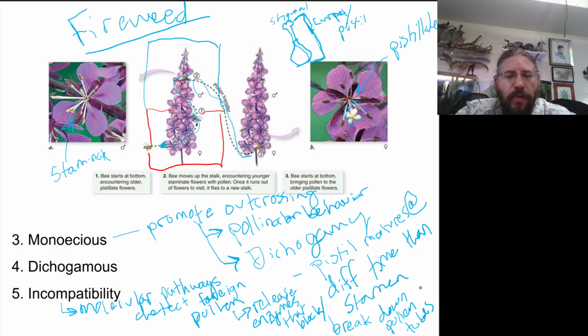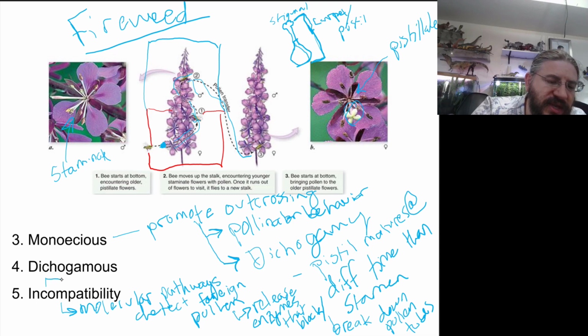But this was a section on how we promote outcrossing and prevent self-fertilization. Well, some plants have this molecular pathway with a sort of detour on it, so they can still recognize foreign pollen, but they also detect self-pollen and cause the same release.